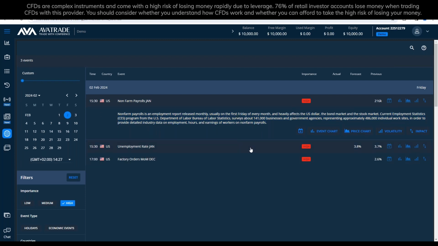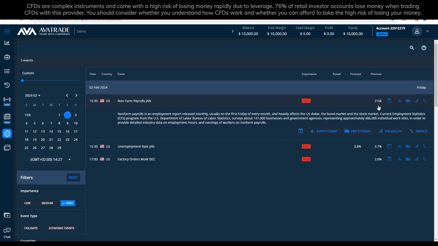Now, I'm not gonna read the whole thing, but I'm just gonna tell you something very simple regarding the NFP. The NFP is basically all the new jobs added last month besides the agriculture jobs. Farmers, agriculture, all of those are excluded. This is why it's called the non-farm payroll, and it indicates quite well how the economy is driven. Why? Because this is the previous, okay.